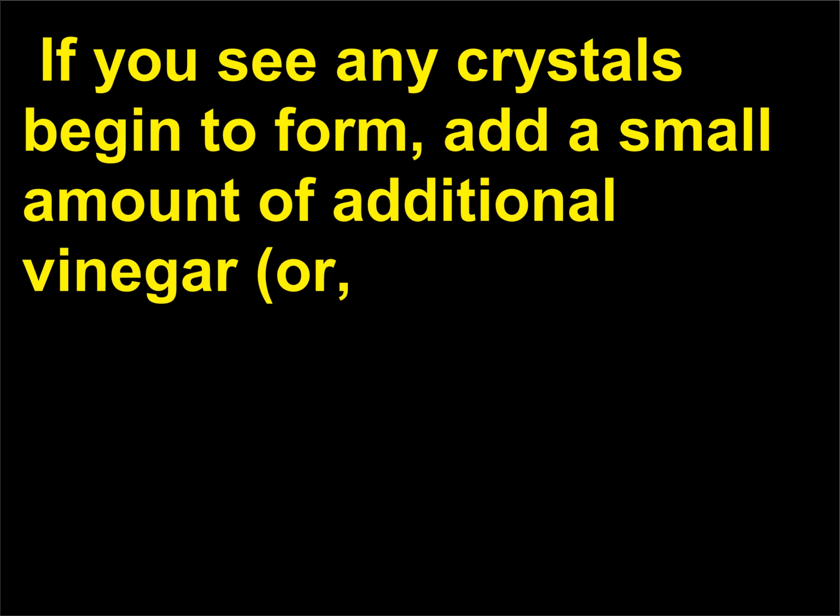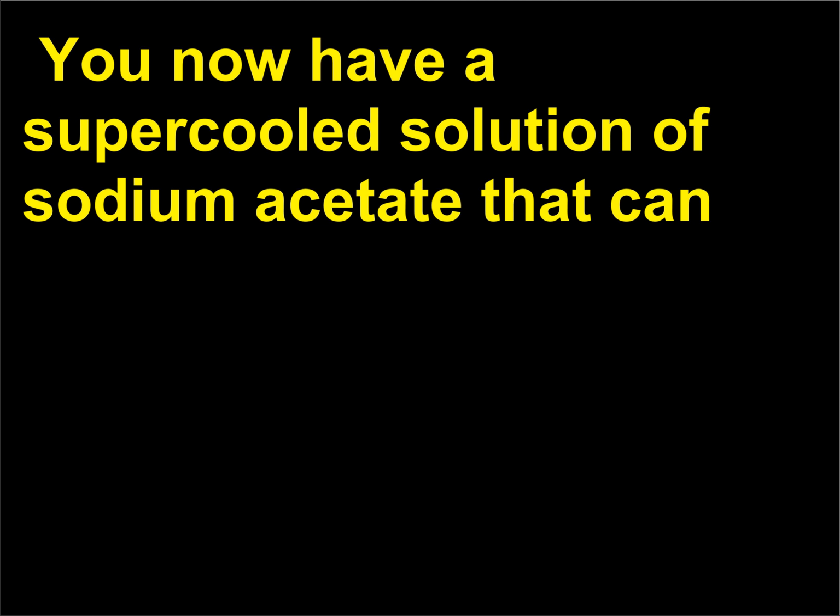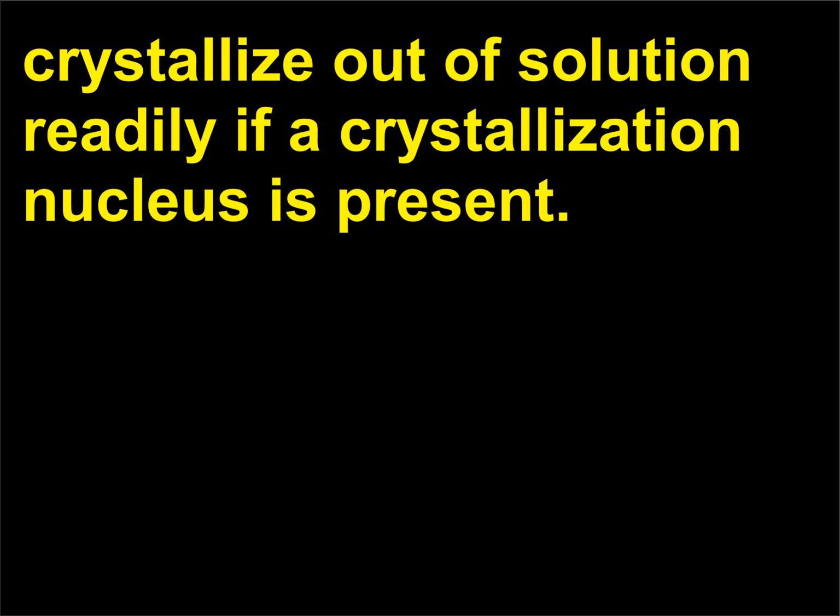If you see any crystals begin to form, add a small amount of additional vinegar, or if you are out of vinegar, use water and stir the solution so that they dissolve. You now have a supercooled solution of sodium acetate that can crystallize out of solution readily if a crystallization nucleus is present.